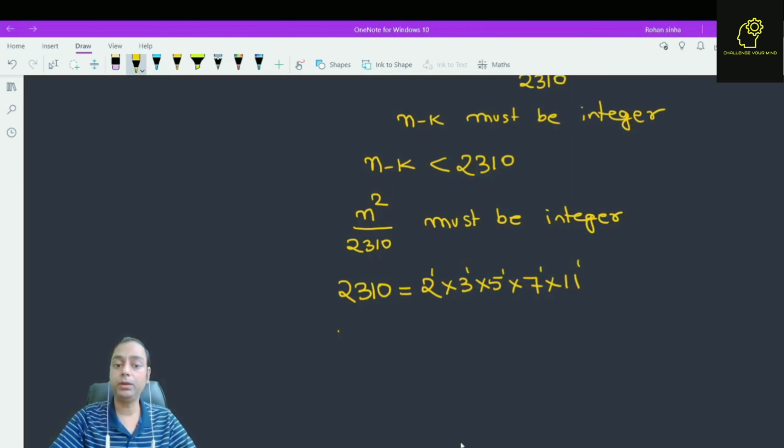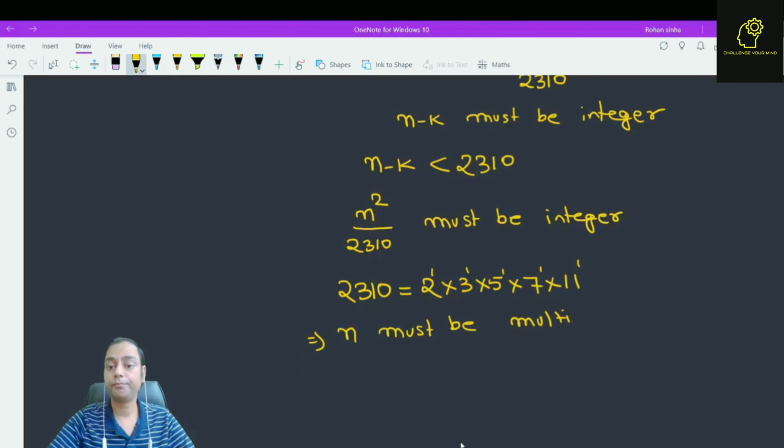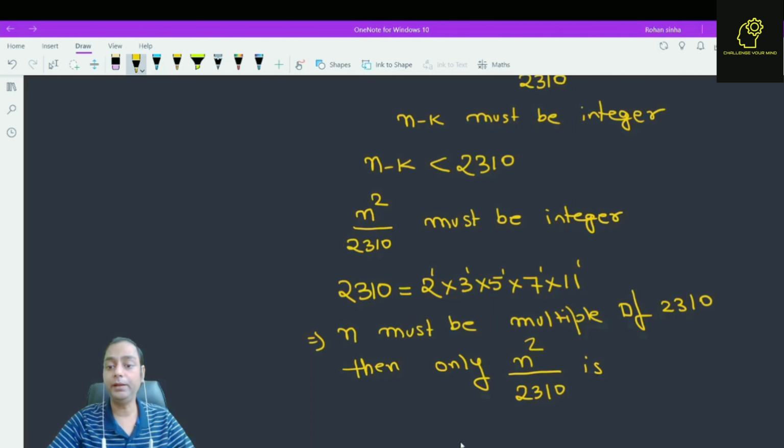So we conclude that n must be a multiple of 2310. Then only n square by 2310 is an integer.